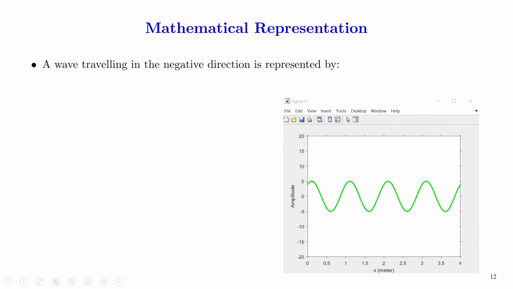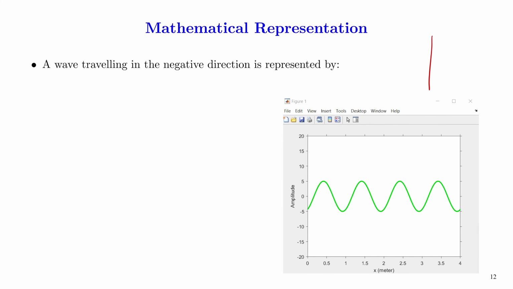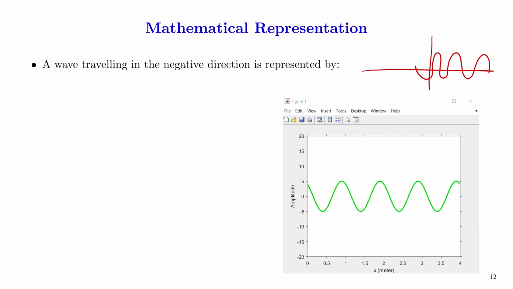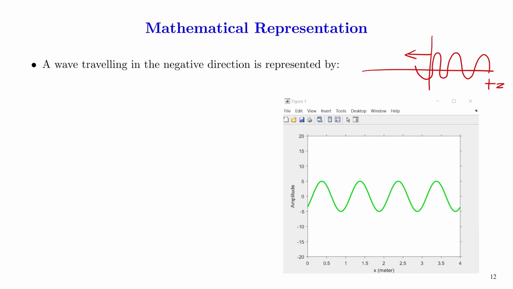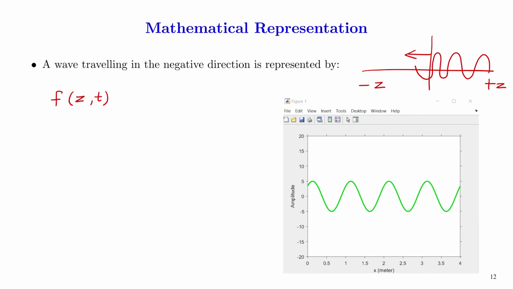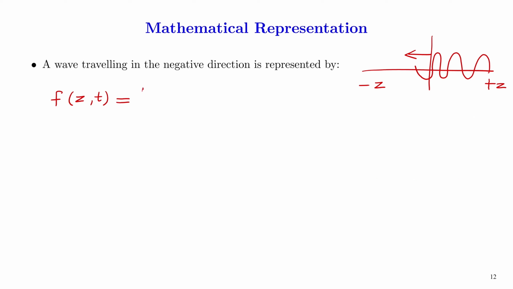A wave traveling in the negative direction could be represented as f(z,t) equal to h of z plus vt.